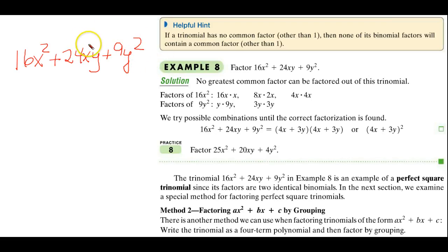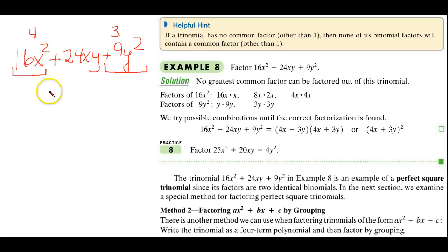Now, one of the things we mentioned earlier when we were foiling and doing special products is a perfect square trinomial. And if we recognize that, our first term is a perfect square, our last term is a perfect square, and if we take the square root of 16 and get 4, and the square root of 9 and get 3, and we multiply 3 times 4, get 12 and double it, we get 24.